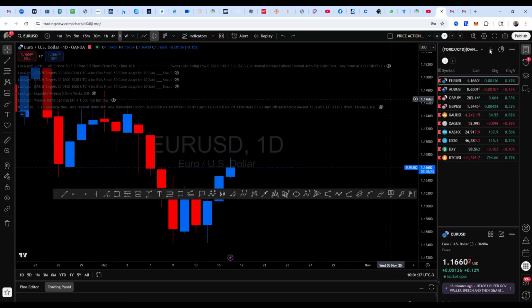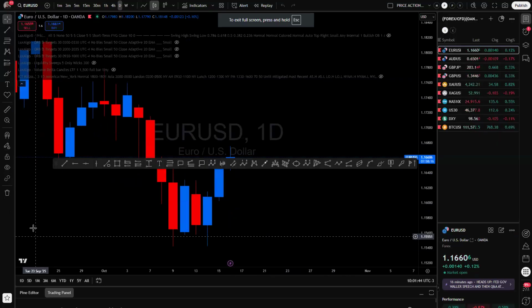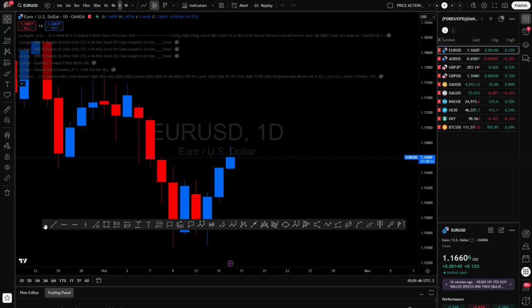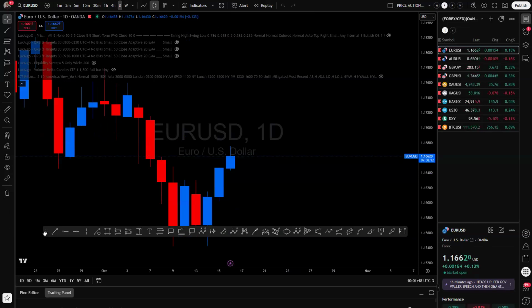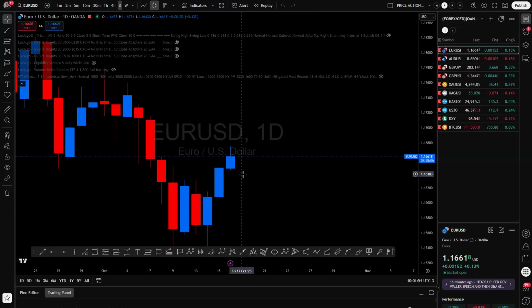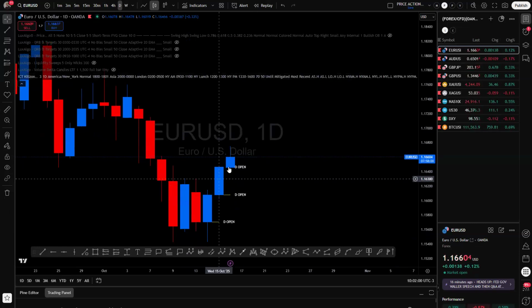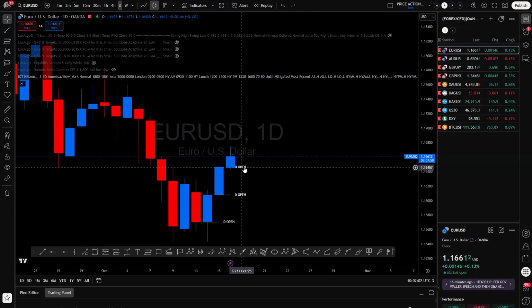So on the daily time frame, we're going to determine the overall direction, more likely where the market is going to go based off the 3-bar pattern, which is accumulation, manipulation, and distribution. So as we can see here, this last candle closed bullish.